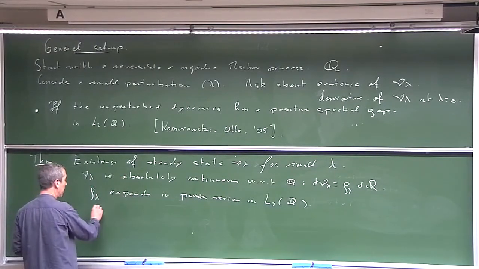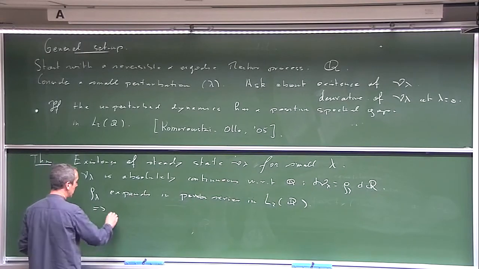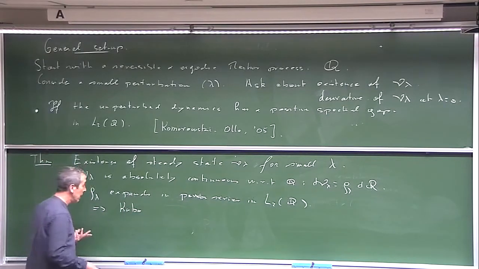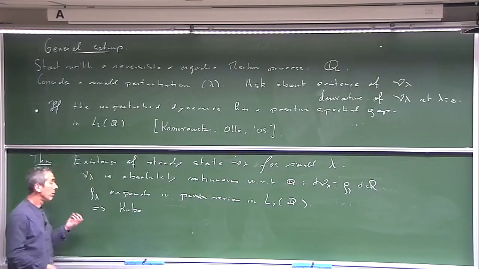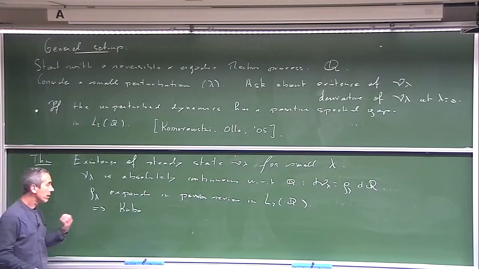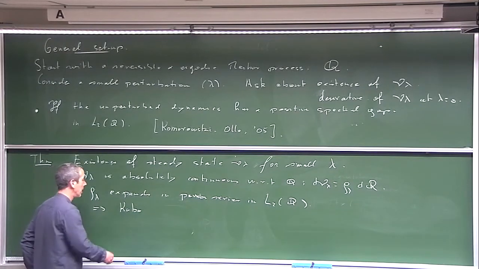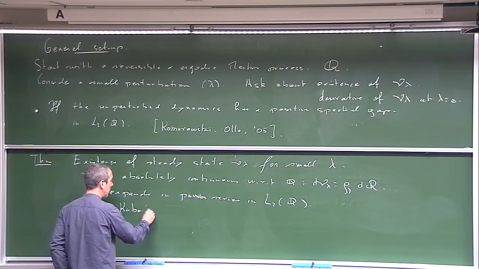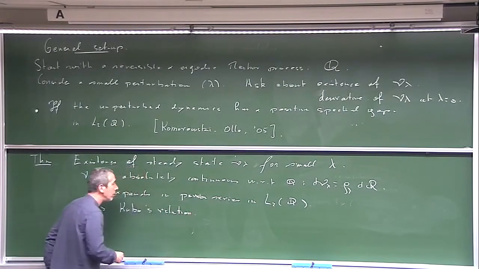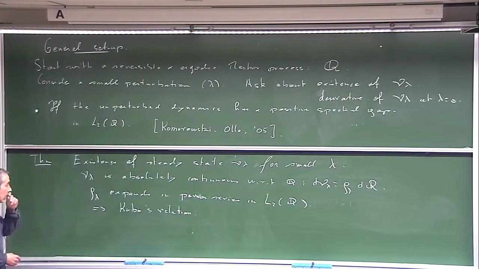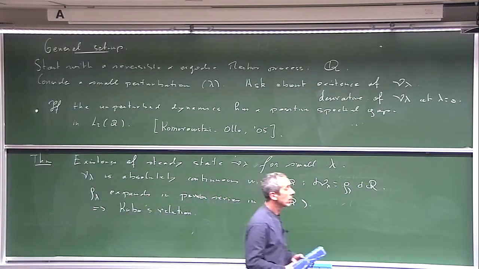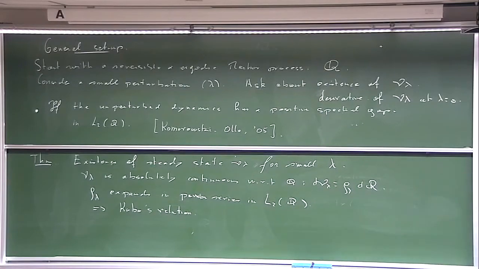So this expansion already contains, actually the first order, the linear term in the expansion of rho lambda gives you the derivative, and that leads to a justification of Kubo's relation. So that's one framework in which we can answer all the questions.